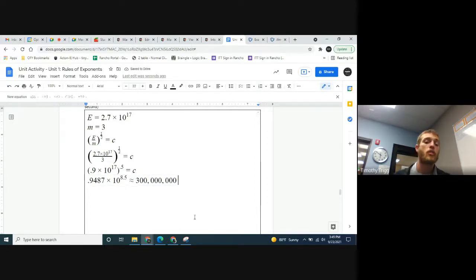Approximately 300 million, and what we're actually going to call this is meters per second, m per s. Okay, that's the speed of light, by the way. It's 300 million meters per second, which is a speed that most people can't comprehend, including myself. So anyway, that's roughly the speed of light. Great.